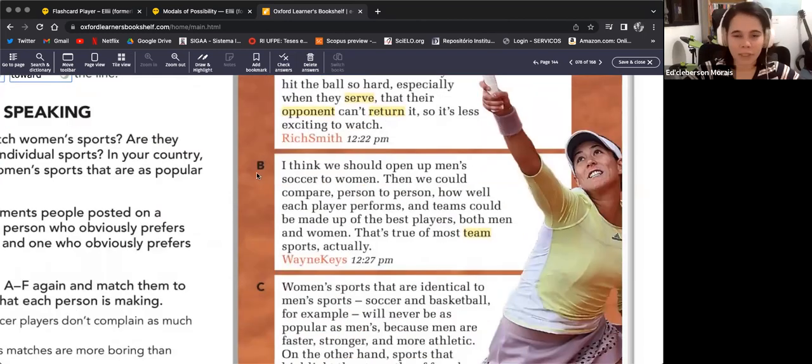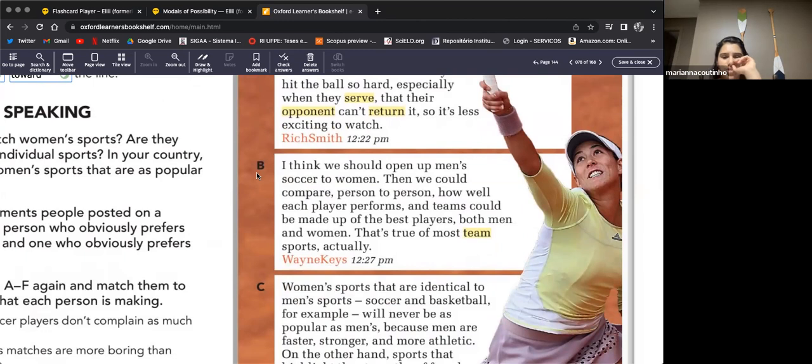Letter B. I think we should open up men's soccer to women. Then we could compare person to person, who well each player performs, and team could be made up of the best players, both men and women.